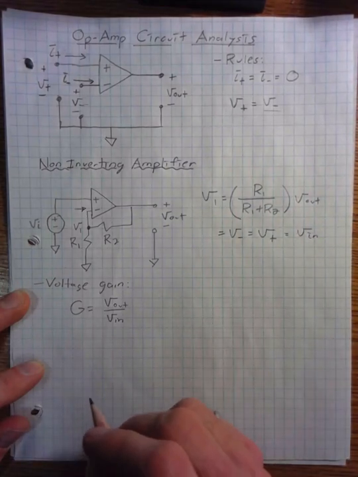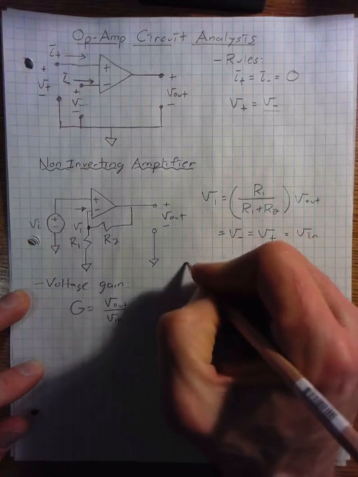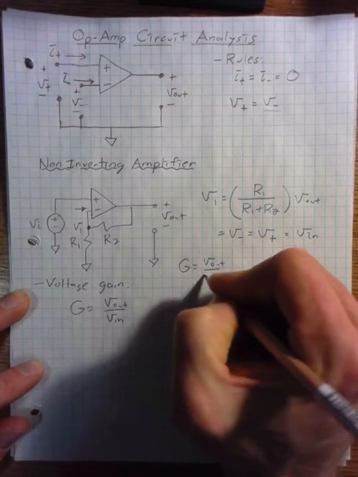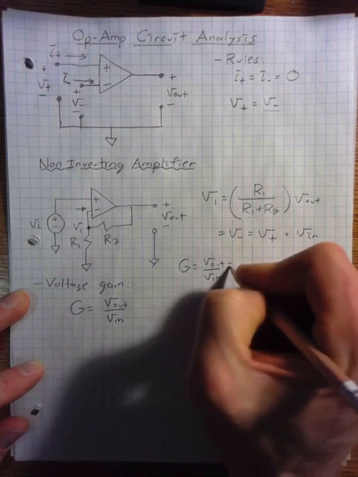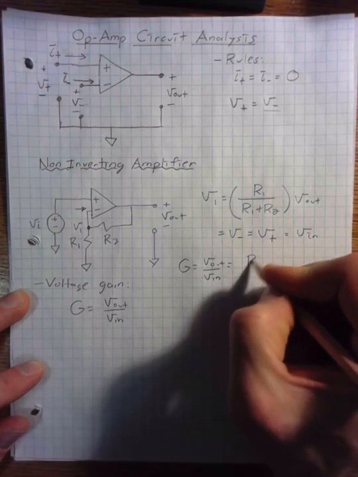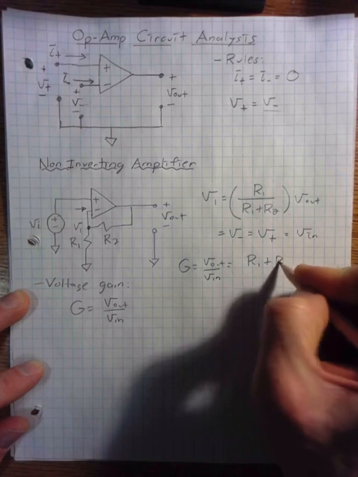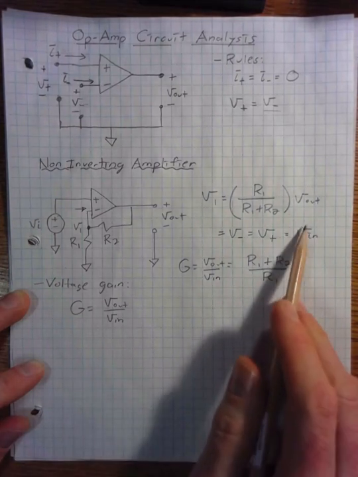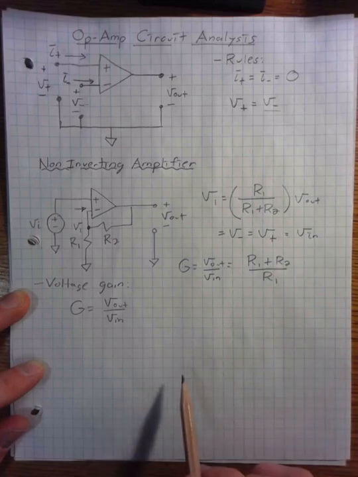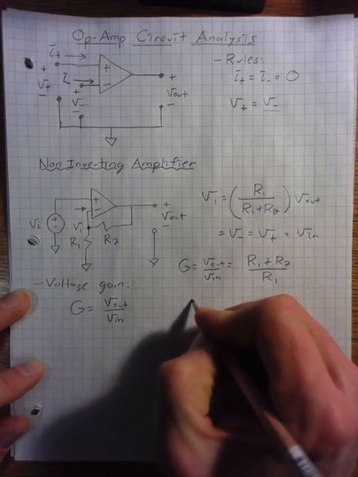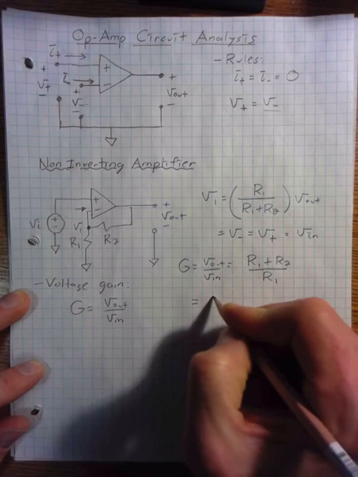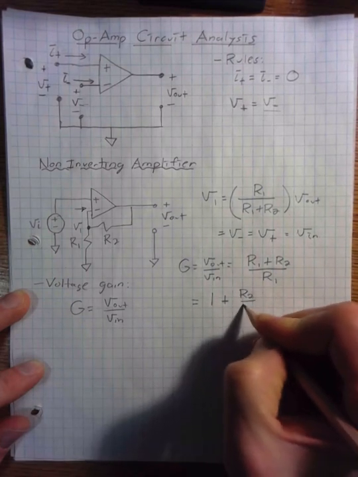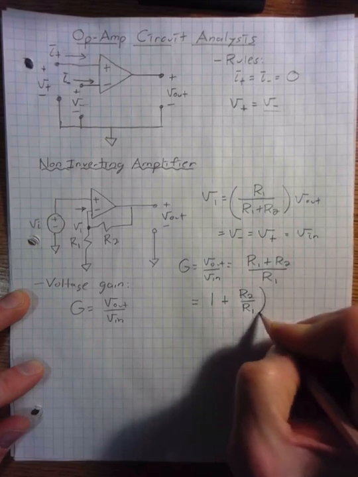And so that means that the voltage gain, V out over V in, is equal to R1 plus R2 over R1, just solving this equation for the ratio of those voltages. Or, as it's more commonly expressed, 1 plus R2 over R1.